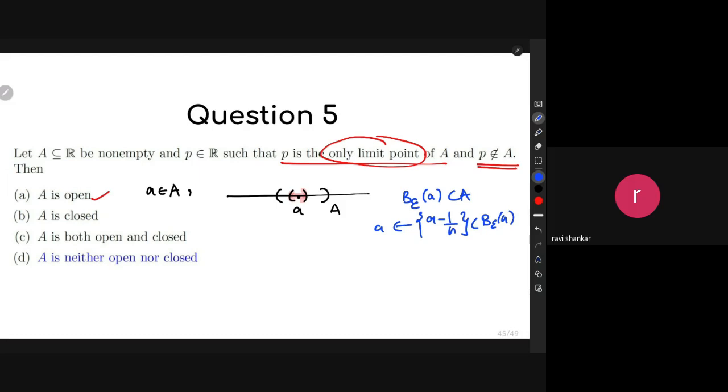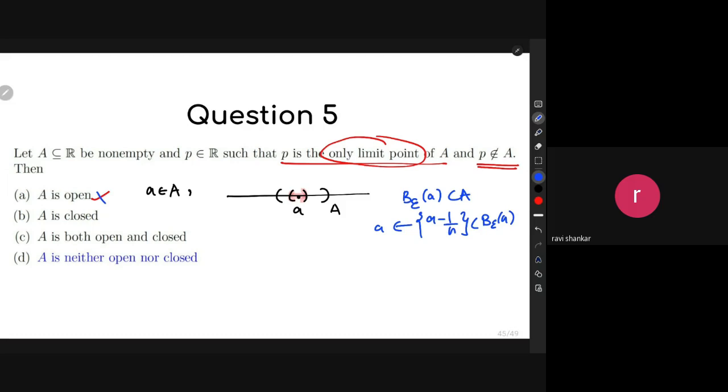So a will then be a limit point of A, but it is given that P is the only limit point, which is lying outside of A. So a can't be, but small a is sitting inside A. So A can't be open.